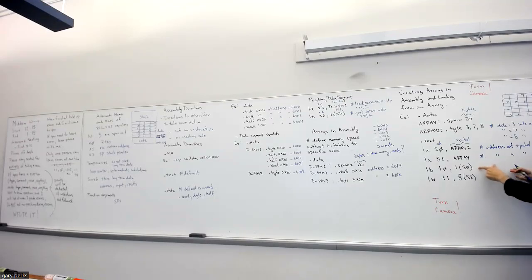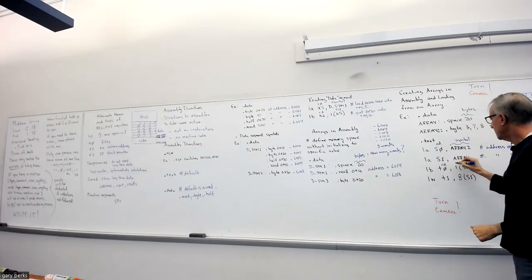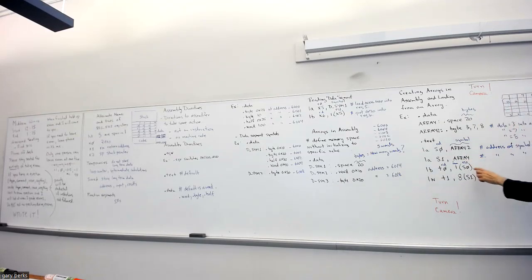Okay, so then now we're reading from the array. So we've got a load byte. This is the destination register, T0. Again, that's the immediate. And this is the source register, S0. And so we already put the address of array 2 into this register S0.